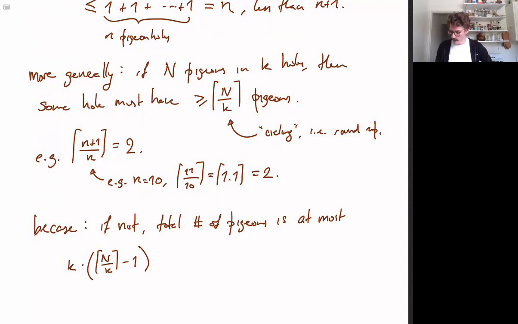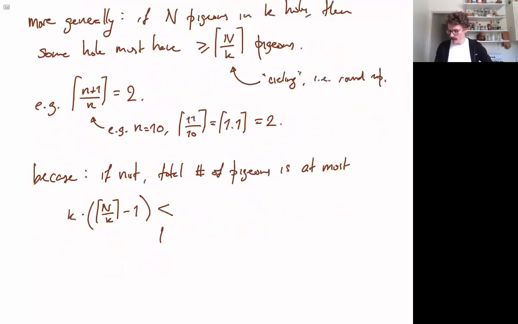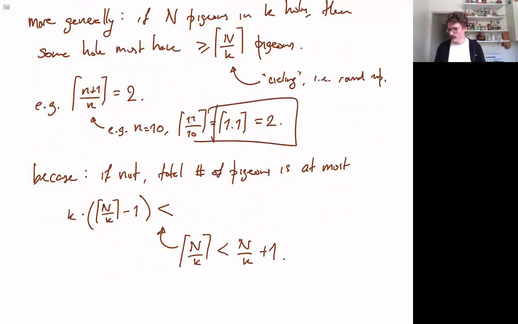And this is strictly less than, so it is a fact about ceiling, which is to say rounding up, that the ceiling of N over k is less than N over k plus 1. As you can see in this example, this is less than 2.1, which is what we would have got by adding 1 to this.